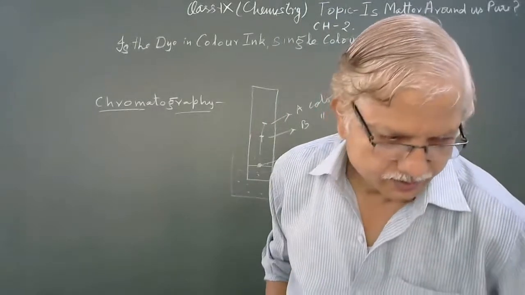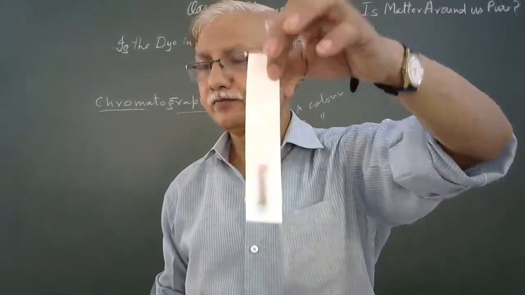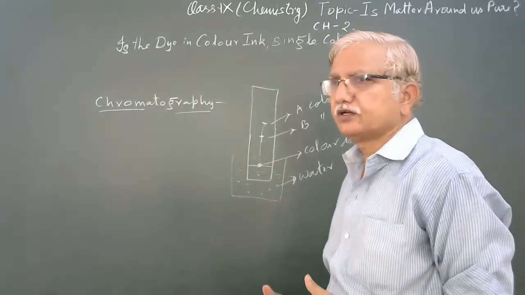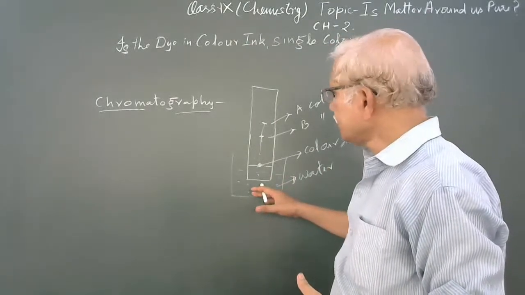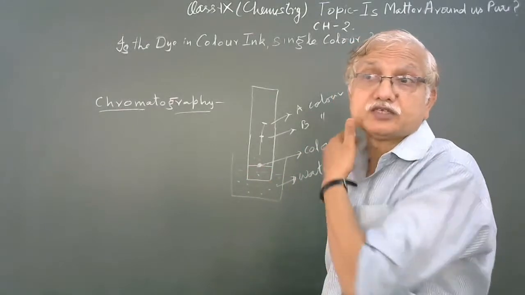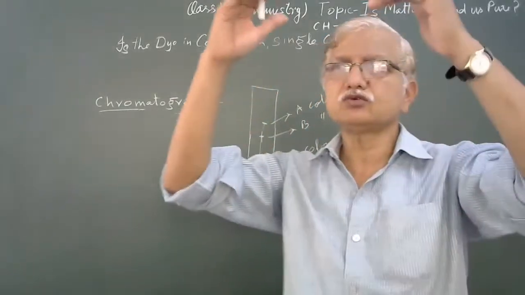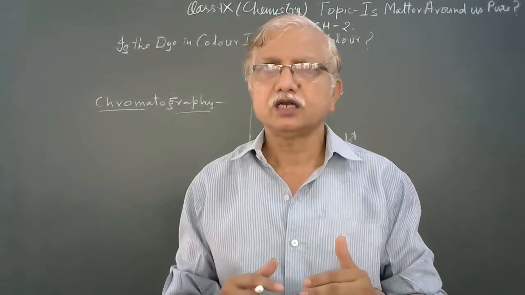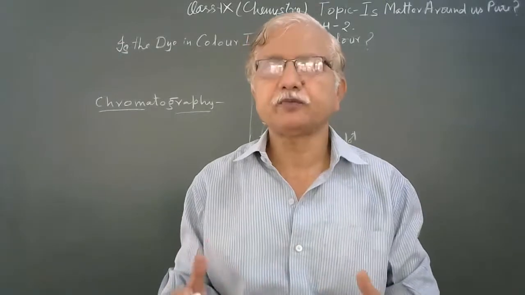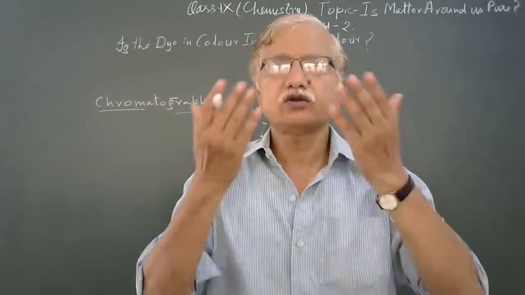Correct? In the paper also you can see this red color and blue-green color. So separation of color takes place. How does this separation of color take place? Water is a solvent, and this is the color dot whose components are to be separated. So water starts to rise. As the water rises through the filter paper, along with the water, the color particles also go along. They also rise.